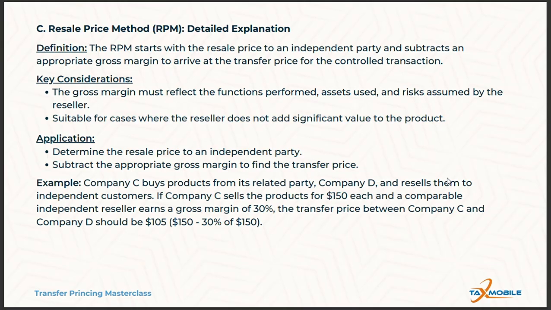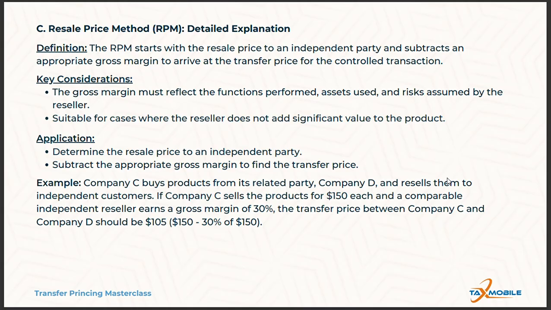If company C sells the product for $150 each and a comparable independent reseller earns a gross margin of 30%, the transfer price between company C and company D should be $105. That is 150 less 30% of $150.